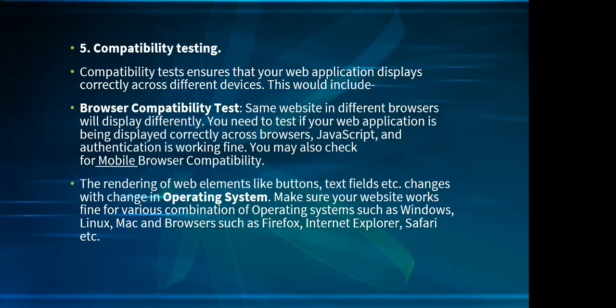The rendering of web elements like buttons and text fields changes with a change in the operating system. Make sure your website works fine for various combinations of operating systems, such as Windows, Linux, Mac, and browsers such as Firefox, Internet Explorer, Edge, Safari, Chrome, etc.